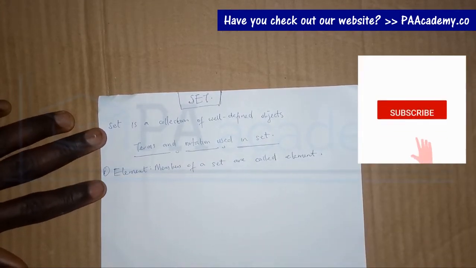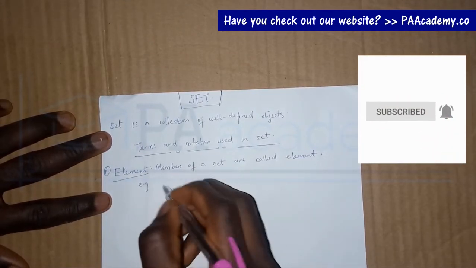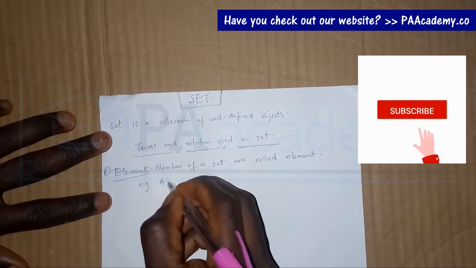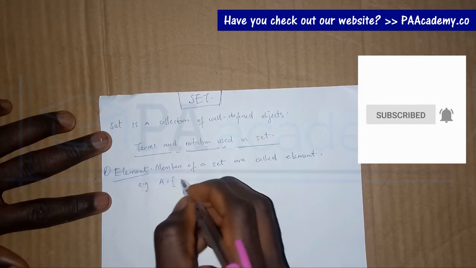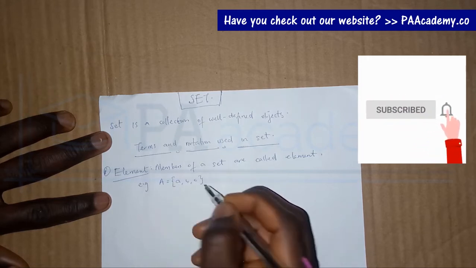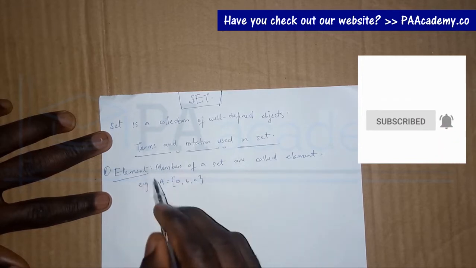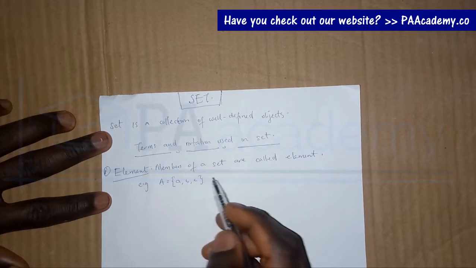Let's look at this example now. If you have a set A, and you have your parentheses, and you have A, B, C. The elements of this set A are A, B, and C. That's what we refer to as elements.